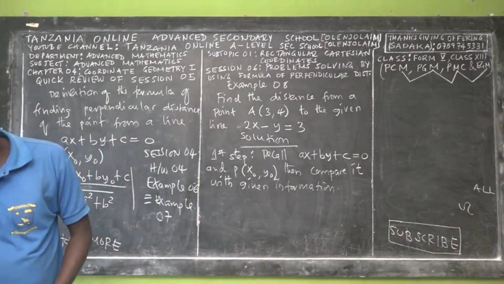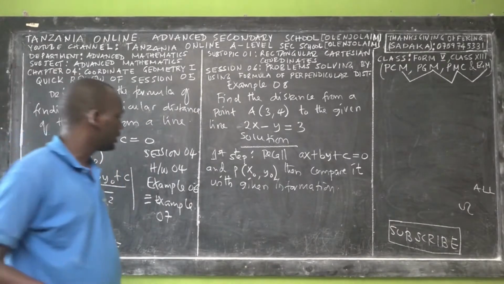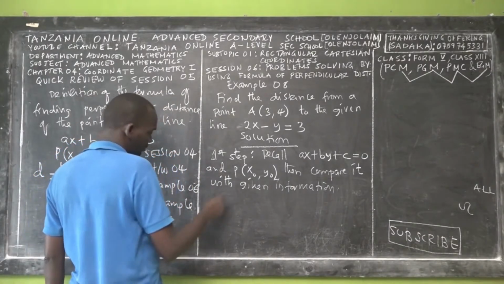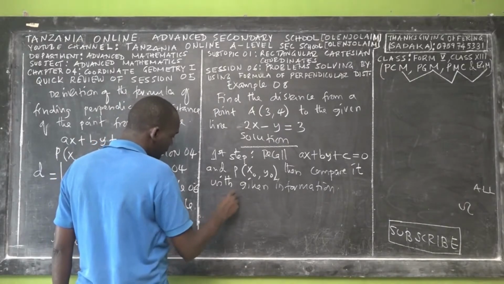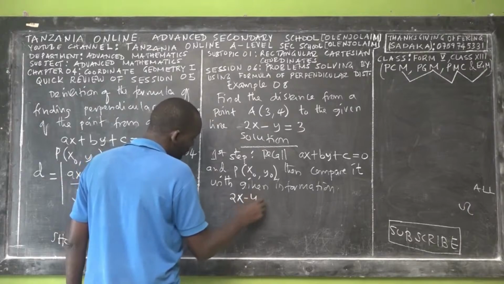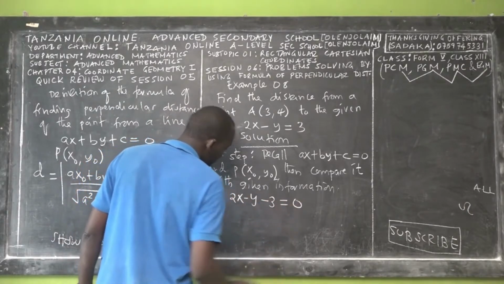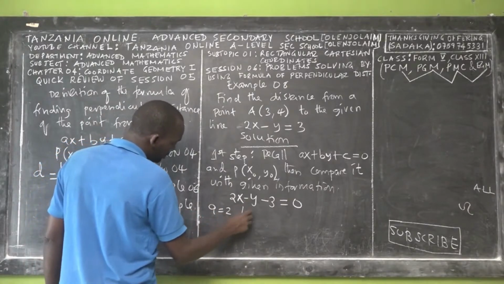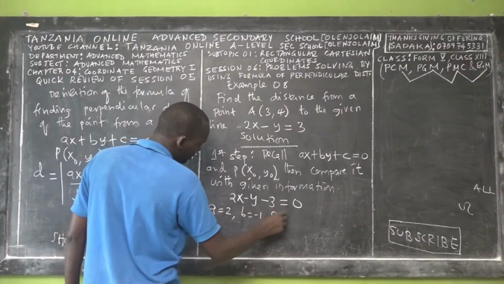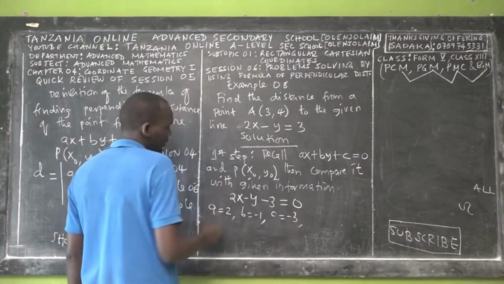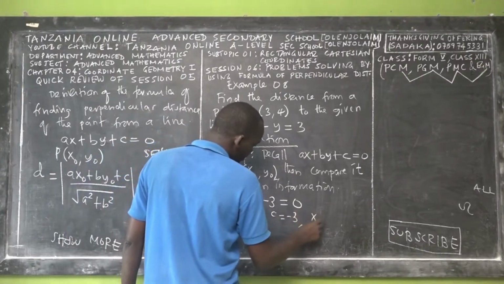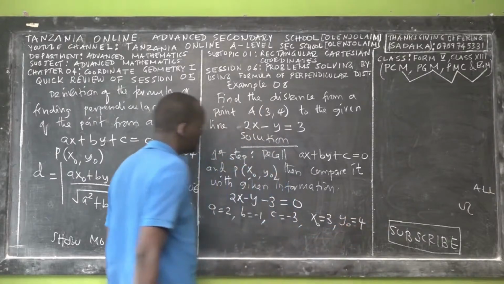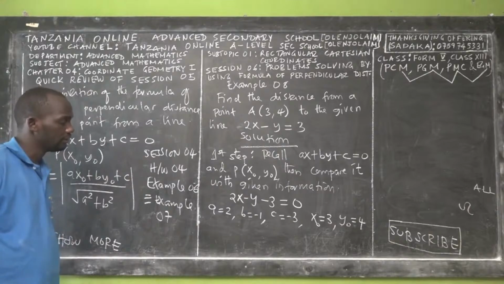The given line is 2x minus y minus 3 equals 0. If we compare, we find that a is equal to 2, b is equal to -1, c is equal to -3. Then for P, x naught is equal to 3, y naught is equal to 4. So that's the point.